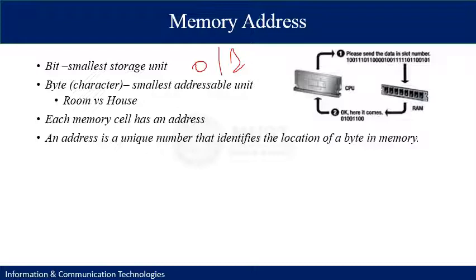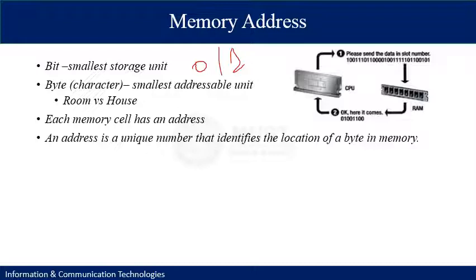So consider the bit and the byte as an analogy of a room and a house. You have 8 bits in one byte, which are 8 compartments or 8 small storage units in one large area of one byte.